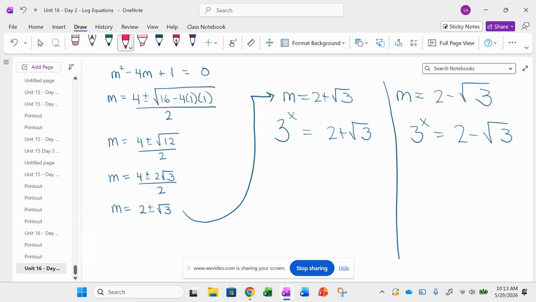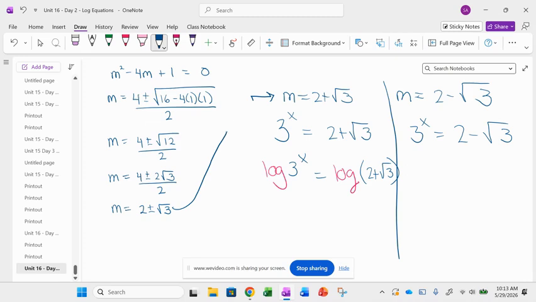Well, log both sides. So I'm going to have log of 3 to the x equals the log, and now I have to put parentheses, of 2 plus the square root of 3. That whole argument. I'm going to bring the x in the front.